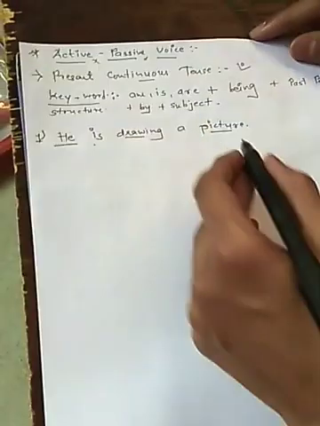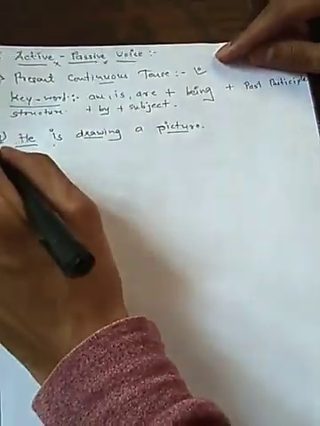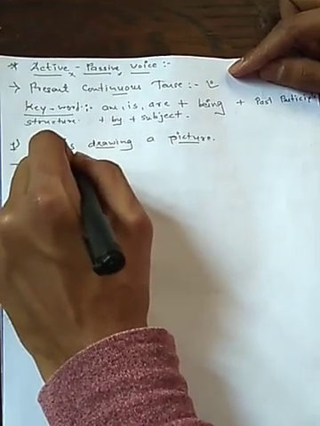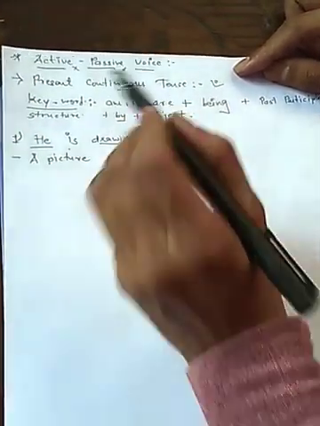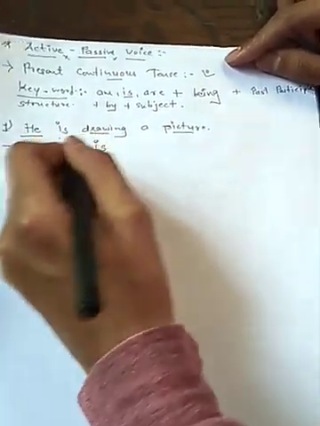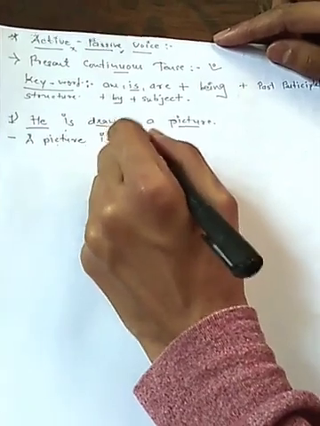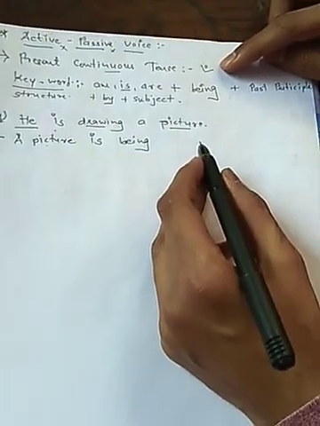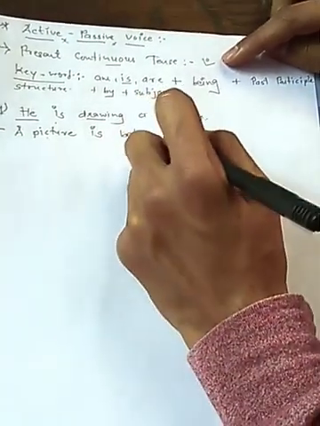Let us try here. First of all, the object will be there. So a picture, then am, is, or are. Now as you can see, picture is singular, that's why we are going to write is. Then being, then the past participle of draw, that is drawn.